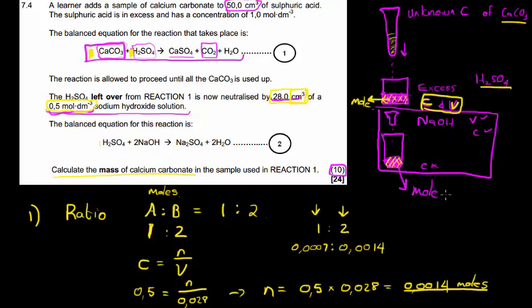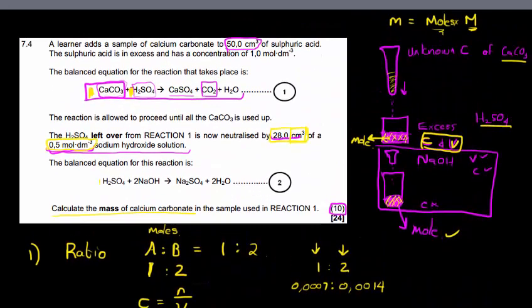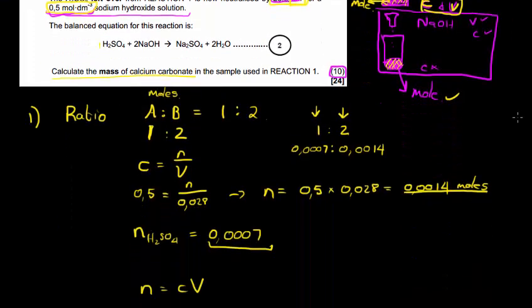We've calculated how many moles were left after this first reaction. So let's see how many moles there were in the beginning. We have n is C times V. The concentration they said was 1 mole per cubic decimeter.